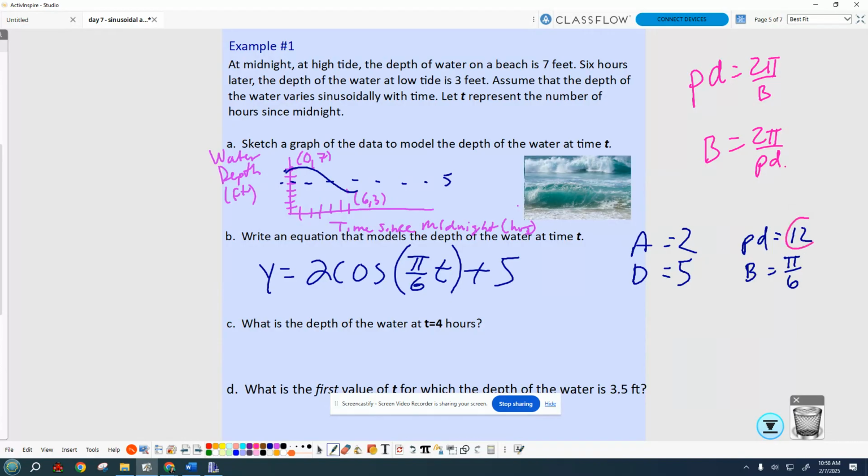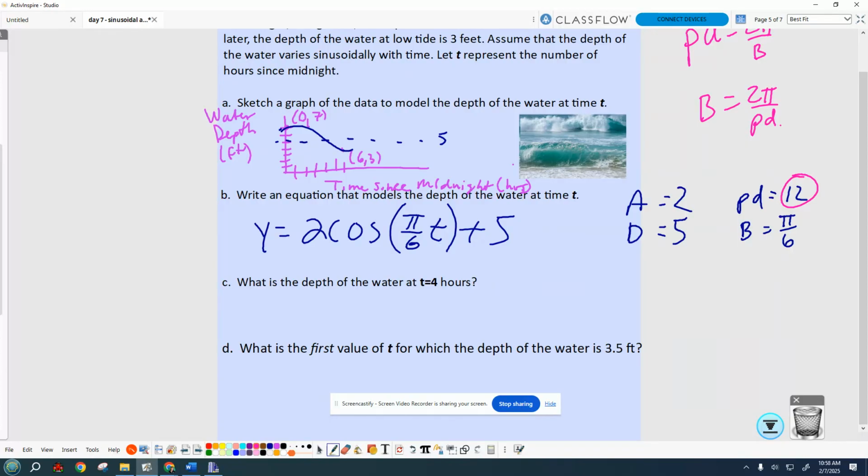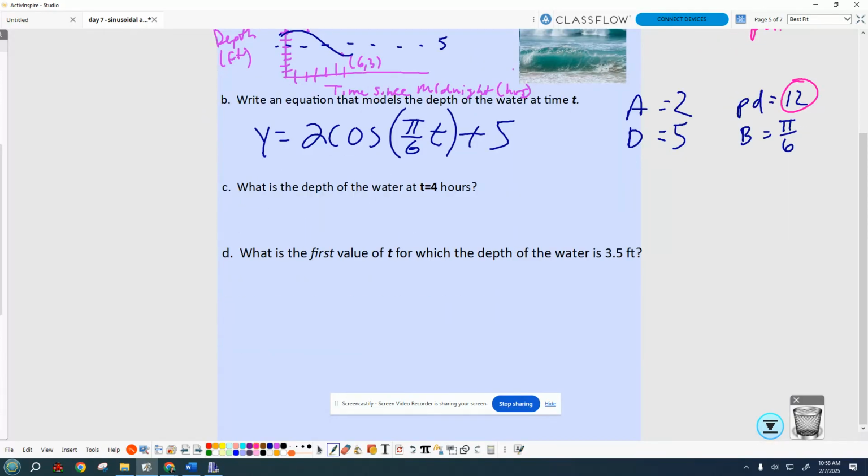You told me the actual period of the function is 12. 2 pi divided by 12 reduces to pi over 6. Oh, yeah, got it. Okay. So you could have other answers, but this is the cleanest, easiest one, because as Cherry said, cosine starts high, this does start high, she doesn't want to shift it anywhere, I'm cool with that.